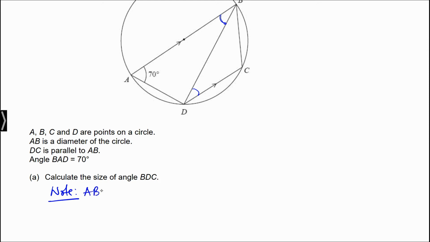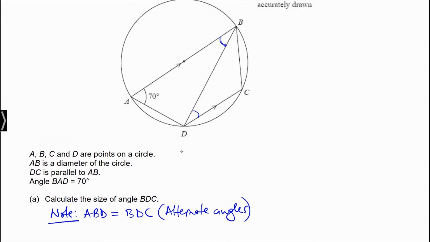ABD is equal to BDC because these are alternate angles. If we know that these are equal, by finding ABD, we can know what BDC is equal to.